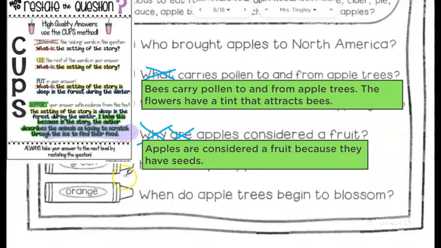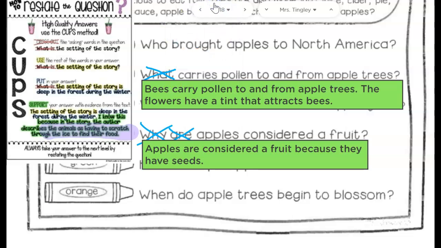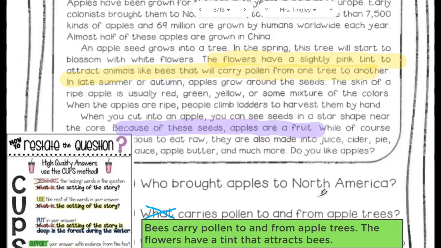And for our last one, grab the orange highlighting tool for the when question. Remember, when questions, we are finding a time or season or date. When do apple trees begin to blossom? All right, I'm looking for the word blossom.